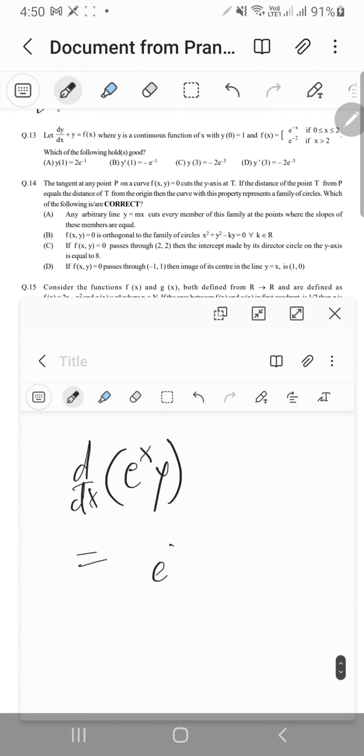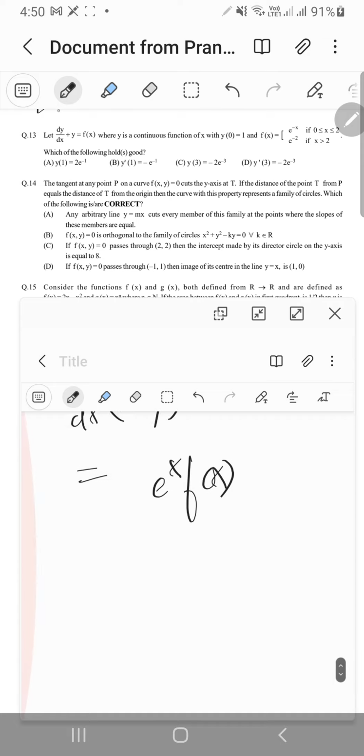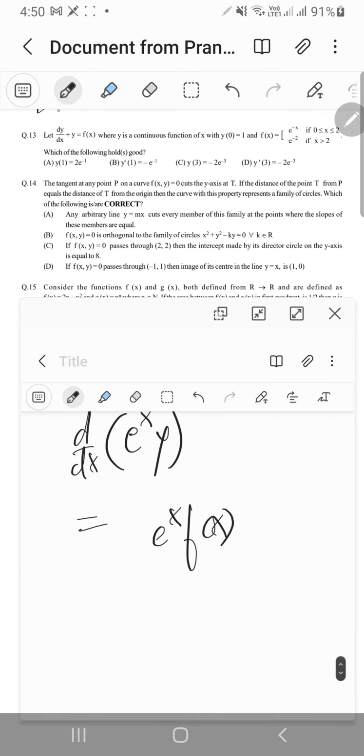This would be e power x f of x. Now let's think about what happens if, yeah, f of x, right? So if it's from 0 to 2, what would happen in that case? Then it will just be 1. Okay, in fact, I'll just look at the options. So y of 1, y dash of 1, and y of 3, y dash of 1. Yeah, think about what happens at 0.